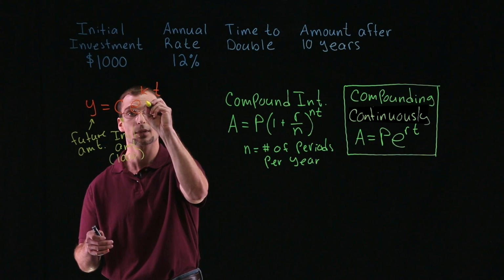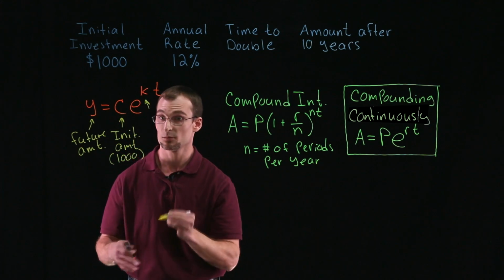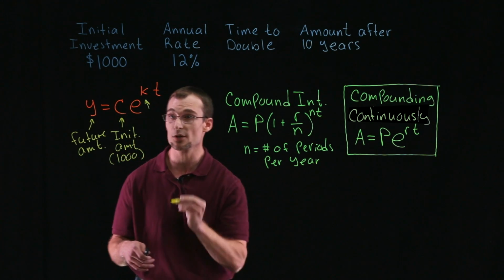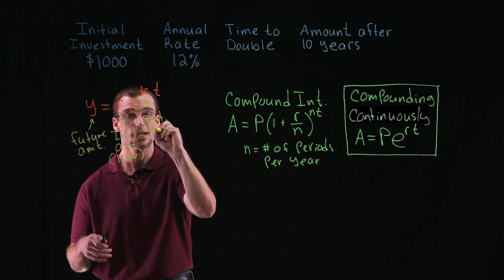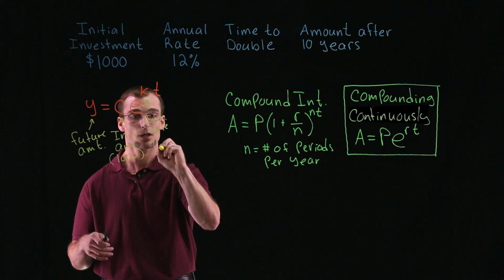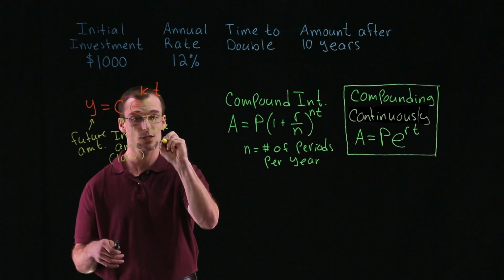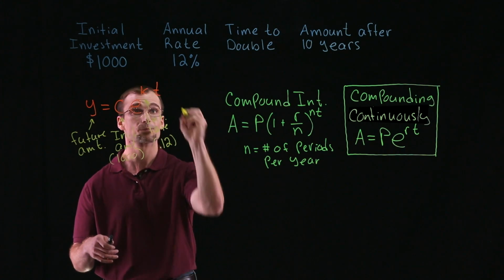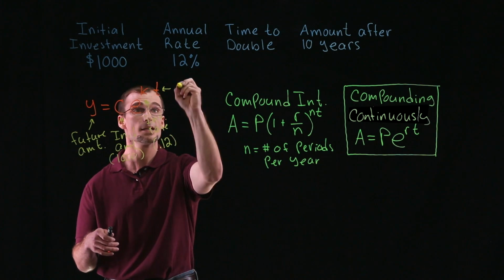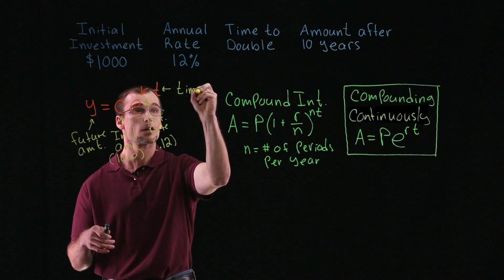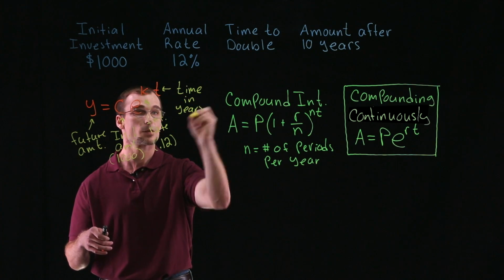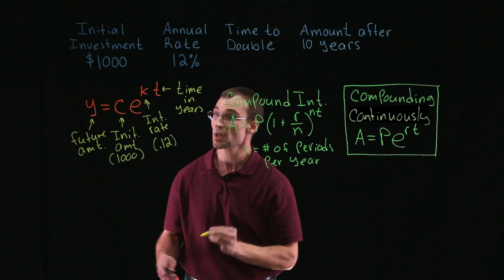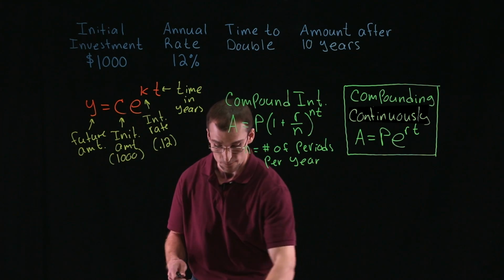K, which so far has typically been some rate of growth, for right now is our interest rate, which is 12%, or as a decimal, 0.12. And t is going to be time in years.